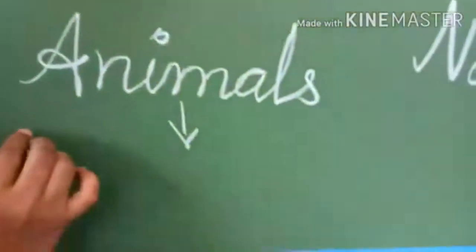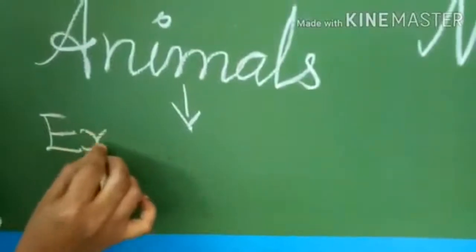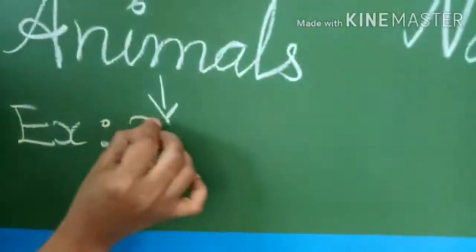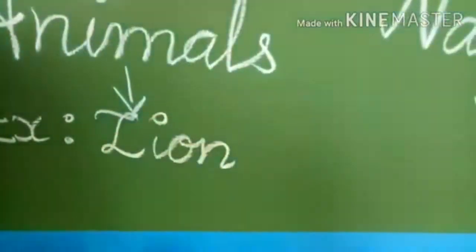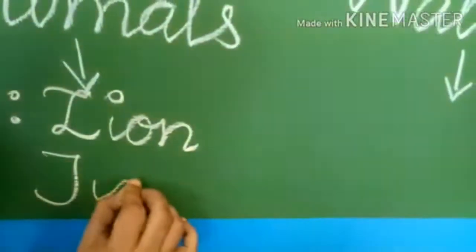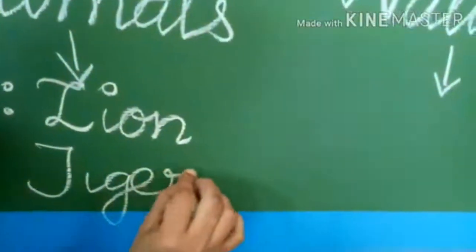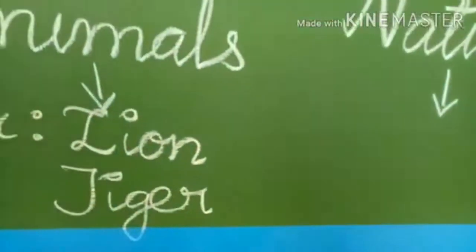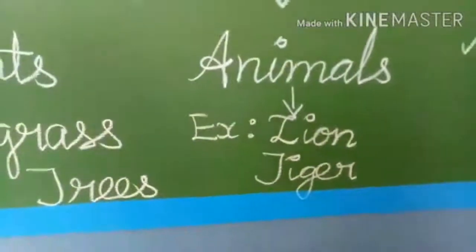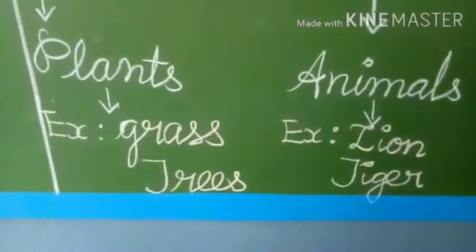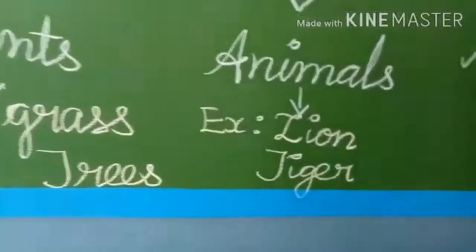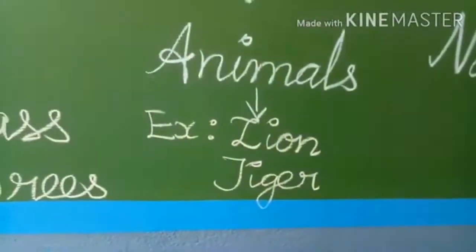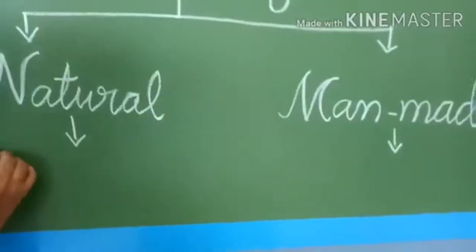And example for animals, lion, LION, and tiger, TIGER. So now children, listen to me. The example for plants, grass and trees. For animals, lion and tiger.